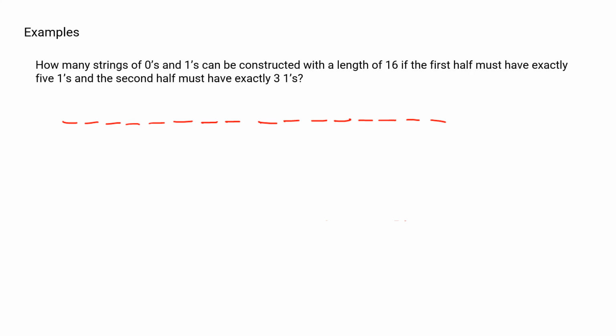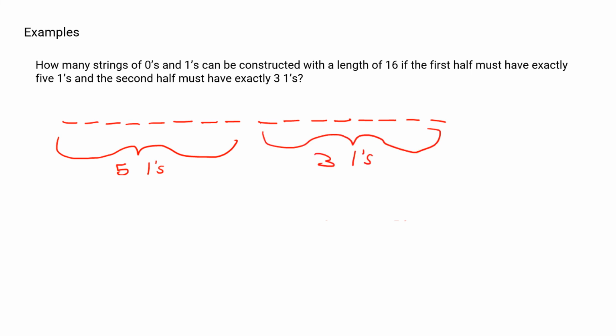I would put 16 slots there, and I would mark off the first half, and put some notation saying that there needs to be exactly 5 ones in there. And then the second half, there needs to be 3 ones in there. So once I get that picture, I'd say, okay, if it was just a matter of that first half, I could figure that out, right?